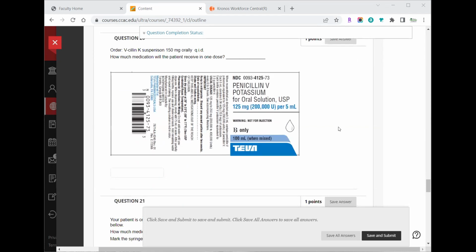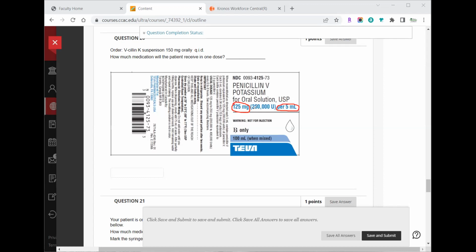Okay. Then you have V-Cillin K suspension, 150 milligrams orally. But it's a suspension. So the fact that it's a suspension tells you that it's liquid. Then we look at our label. Now our label has some information here that might seem conflicting. So you have 125 milligrams, but then it also says 200,000 units, and then it says per 5 ml.